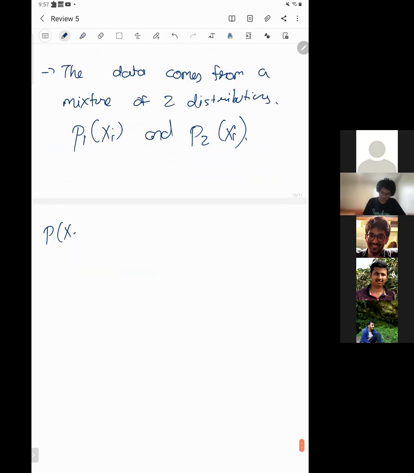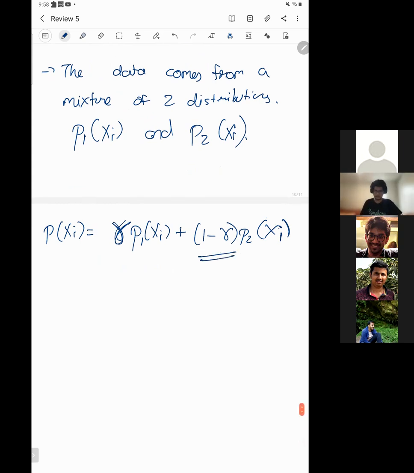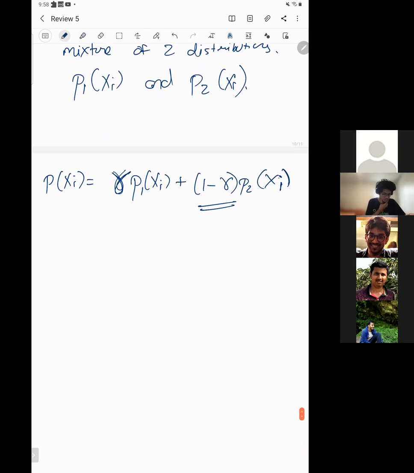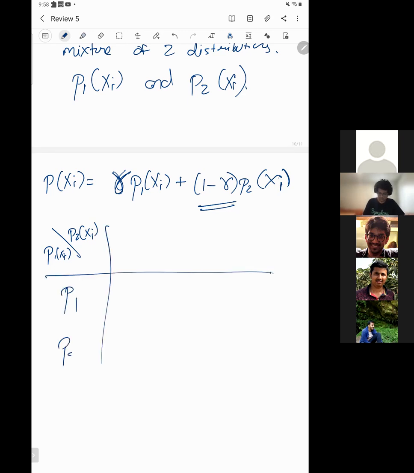So P of xi is equal to this. This is the probability that it is sampled from the first distribution, and this is the probability that it is sampled from the second distribution. And what are the distributions P1 and P2? This is the P1 distribution and this is the P2 distribution.